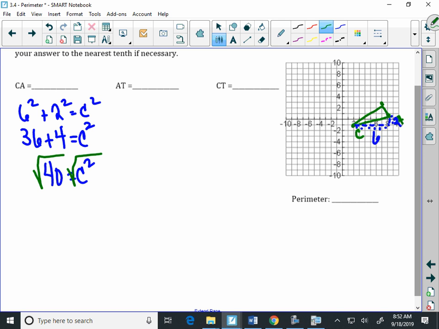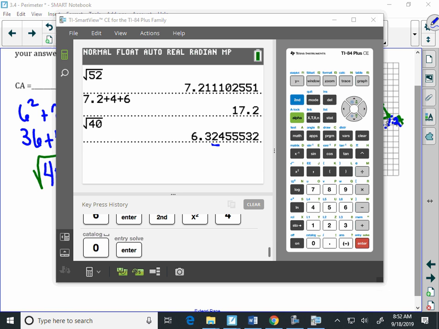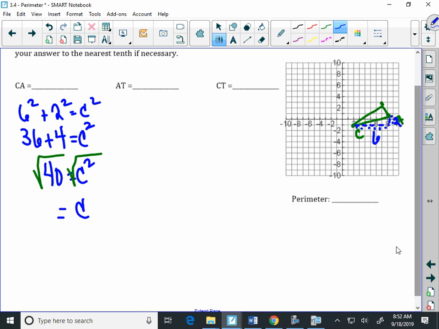So we end up with c equals the square root of 40, and we're going to round to the nearest tenth eventually. That is 6.32. We're looking at this 2 here to determine what to do to the 3. But that 2 is 4 or less, so we're going to keep that as 6.3 for that length.